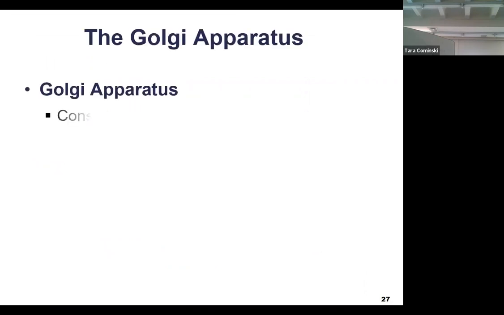Okay, so function, smooth ER. If I asked you the basic function of smooth ER, what's one thing you would list? Synthesizes lipids. Okay, good. Rough ER, be careful because really the ribosome is the site of protein synthesis, but the rough ER is where proteins are modified. Okay, let's go with that if you want to just pick one function, I guess.